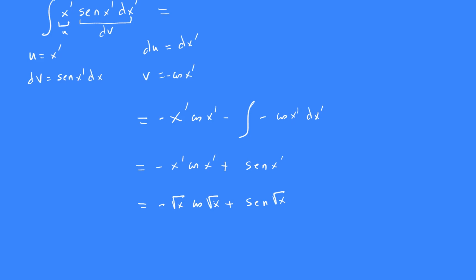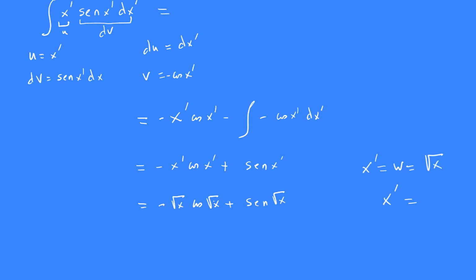Now because x prime is omega, we change x prime by... sorry, I made a mistake again. Omega is the square root of x.